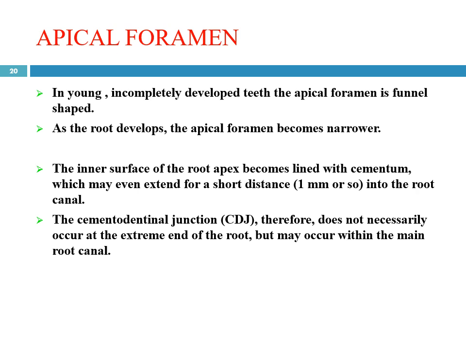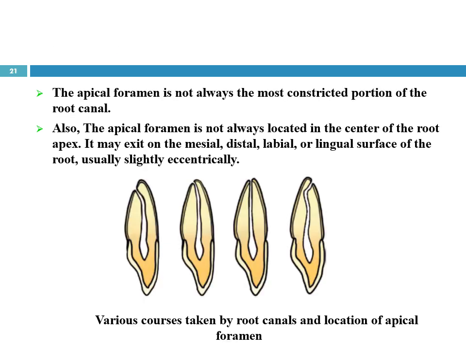And the apical foramen, in case of young, incompletely developed teeth, is usually funnel shaped, whereas as the root develops, it becomes narrower. The inner surface of the root apex is lined by cementum up to a short distance into the root canal, and the CDJ is a very important anatomical landmark because at this particular CDJ, the root canal treatment or the filling material should come to an end.